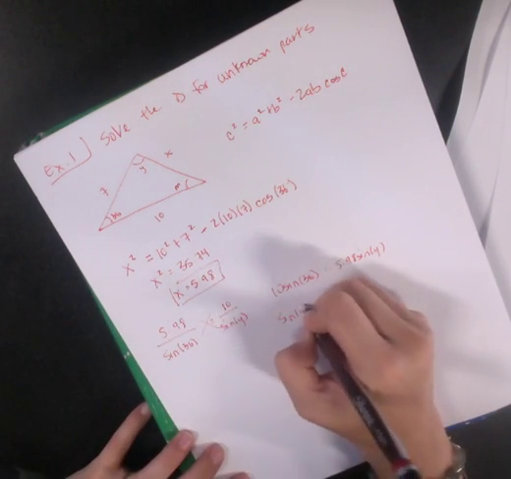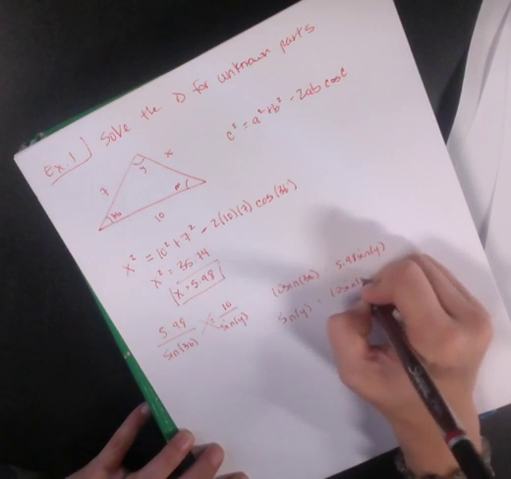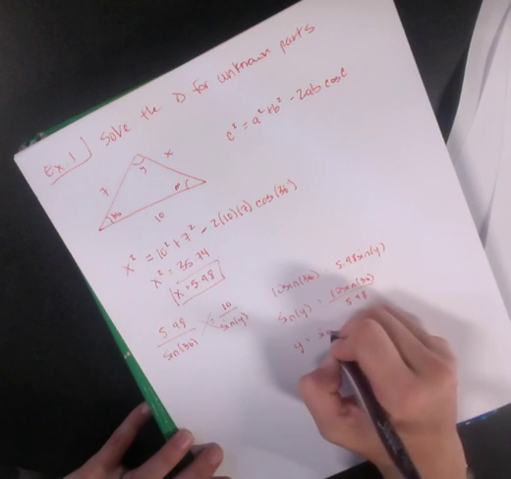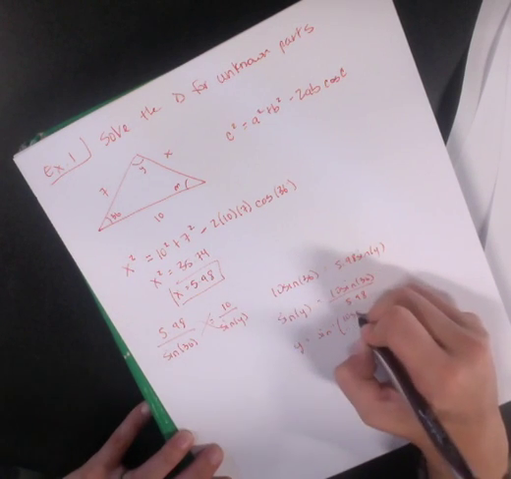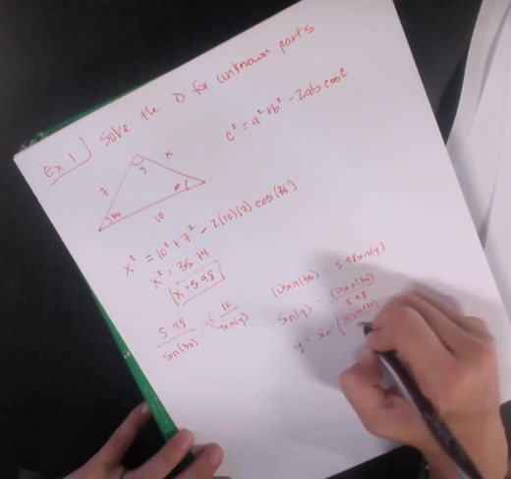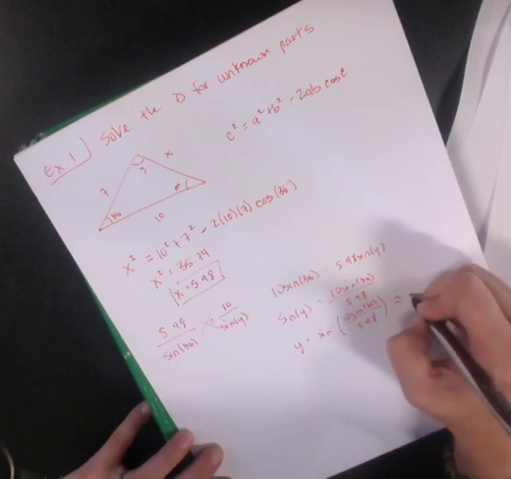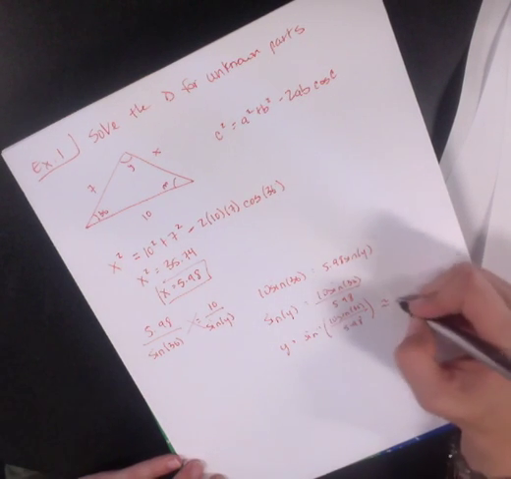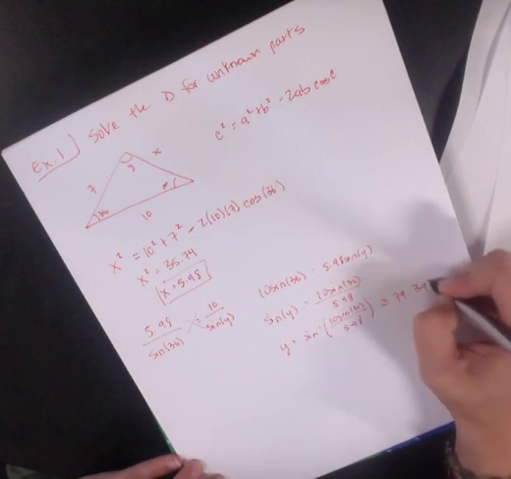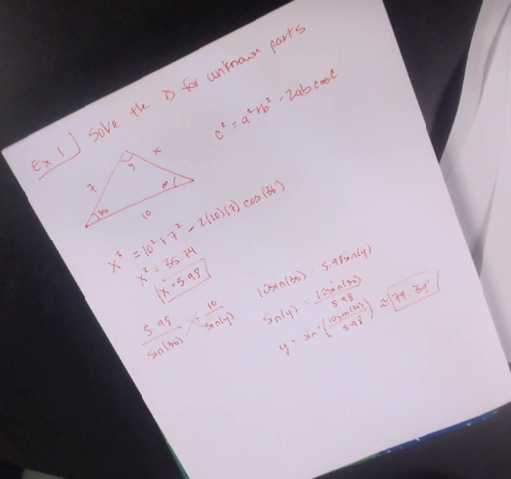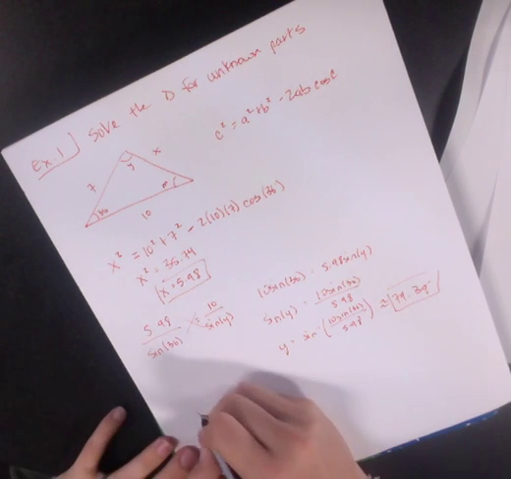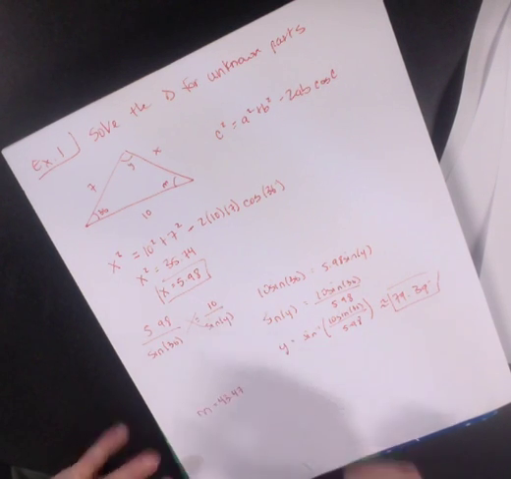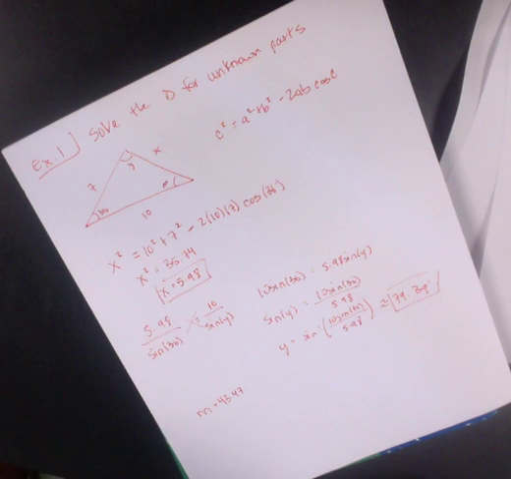So the sine of y is 10 sine of 36 divided by 5.98. And y is the inverse sine of all of that, which gives me that y is 79.39 degrees. And I do the same thing for m to get that m is 43.47.